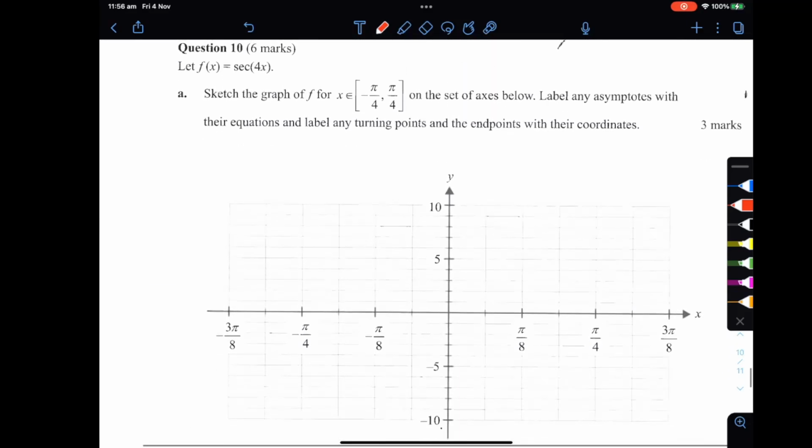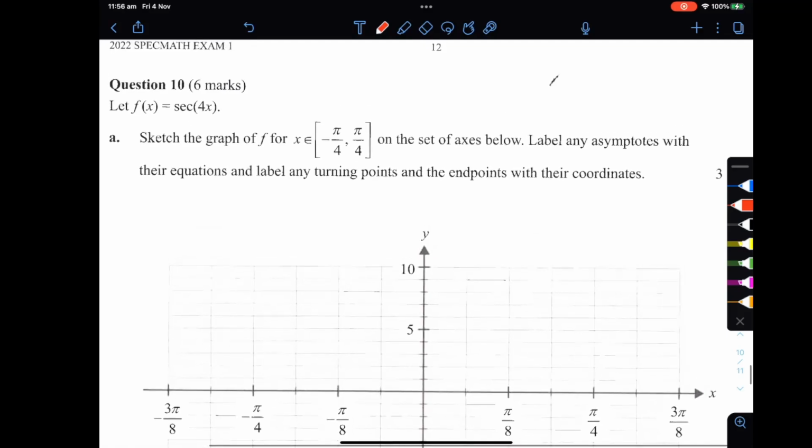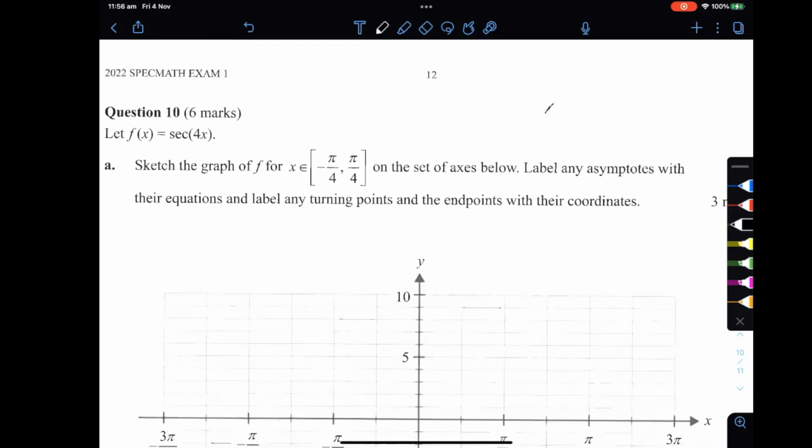So if we want to do this, clearly, if we have x is equal to pi on 4, the period of secant, or if we think about the normal secant graph, then if we're subbing in negative pi on 4, we're essentially subbing in secant of pi.